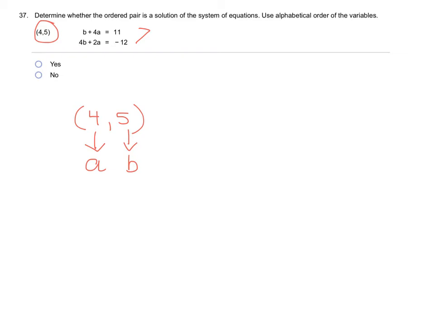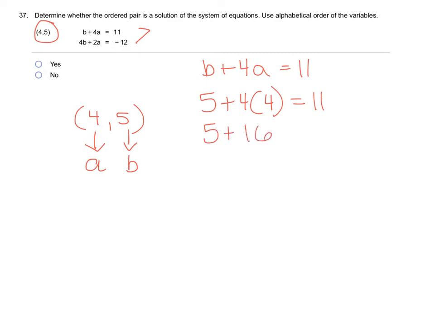So first I'm going to take the 4 and the 5 and plug it in to the top equation, which is b plus 4a equals 11. Again, b is 5 and a is 4, so I have 5 plus 4 times 4, and I want to see if it equals 11. 5 plus 16 is 21, and 21 does not equal 11.